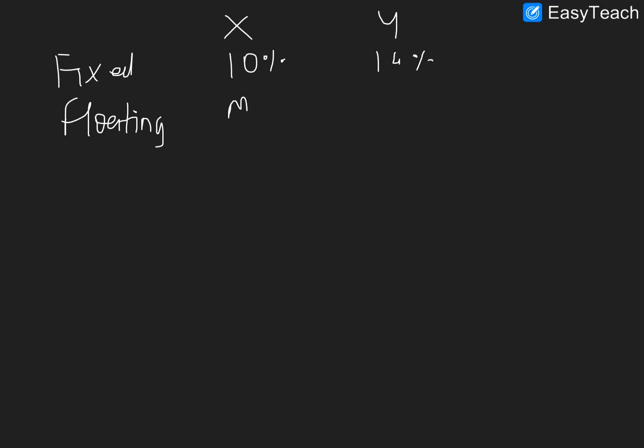For X it is MIBOR plus 0.5%, whereas for Y it is, let's say, MIBOR plus 1.5%.